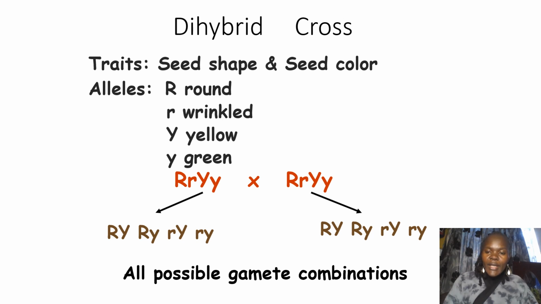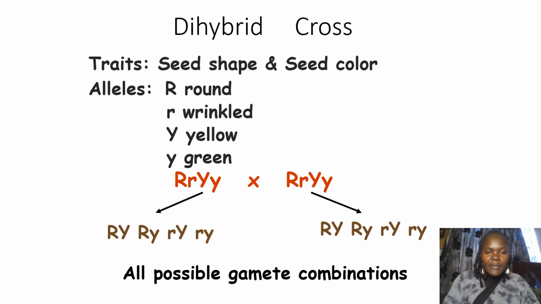If you use one letter, the capital one, as we mentioned when introducing genetics, the capital one will represent the dominant allele, and the recessive allele will be represented by the lowercase of the same letter. And for the other trait, seed color, capital Y is dominant over small y. So capital Y will represent the yellow color. It is dominant over green.